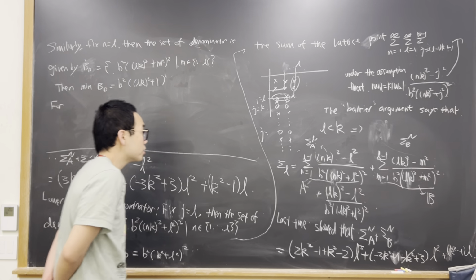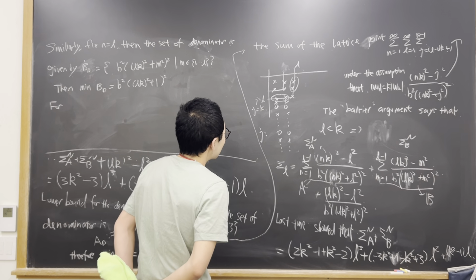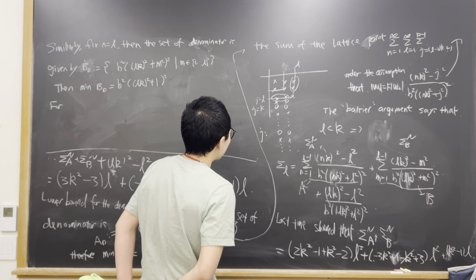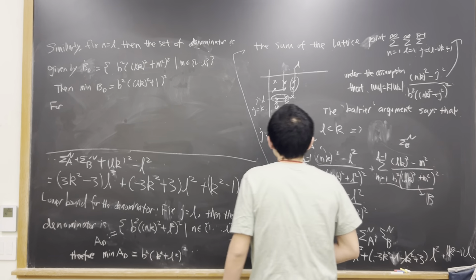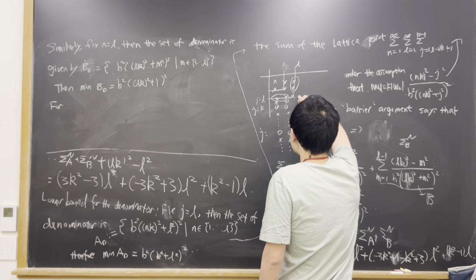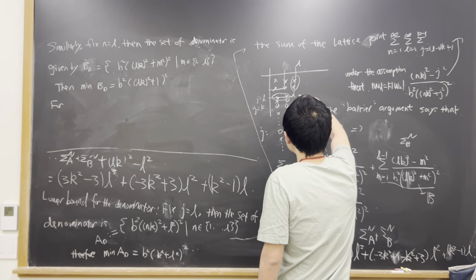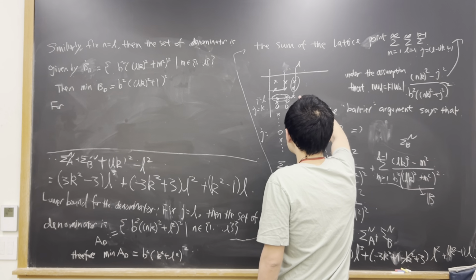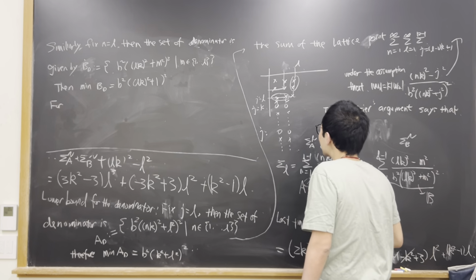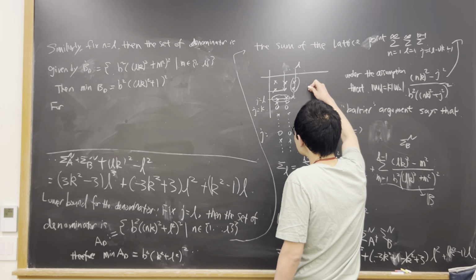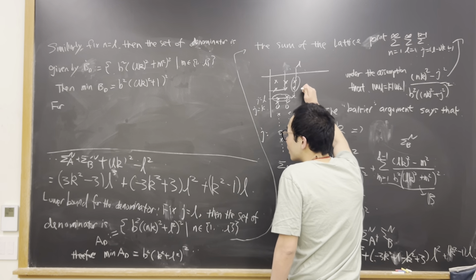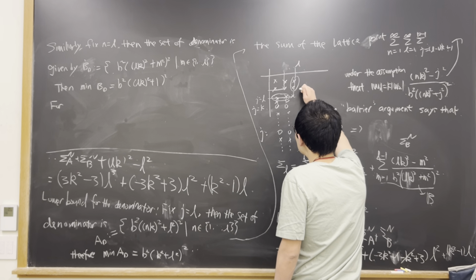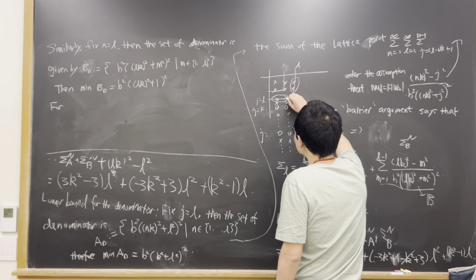To find the global minimum, I want to show that the global minimum is basically an element, it must be the smallest one, right?